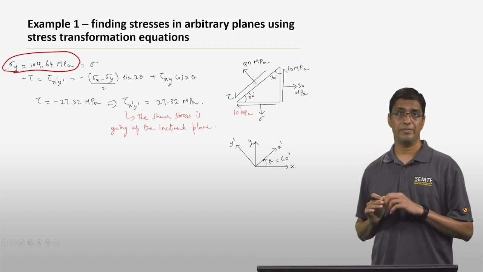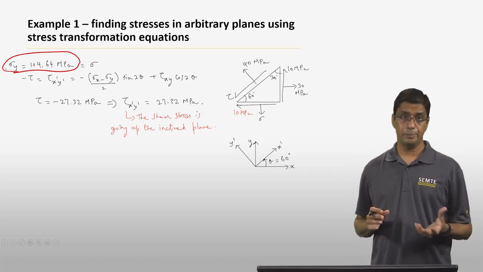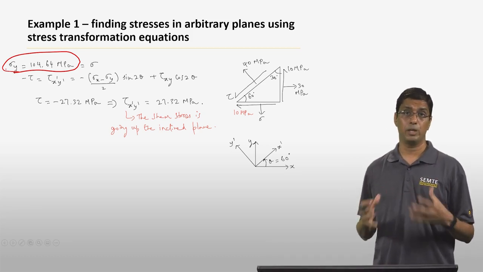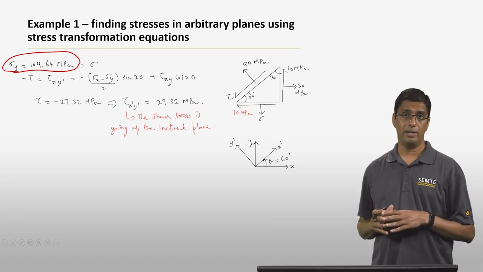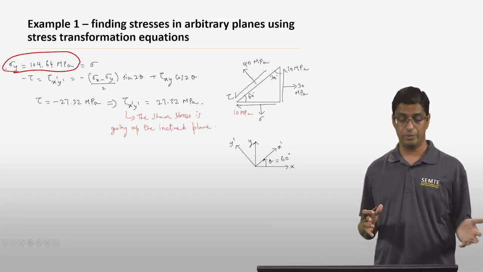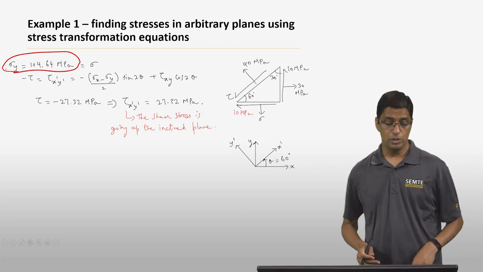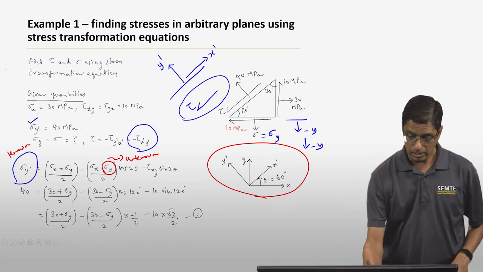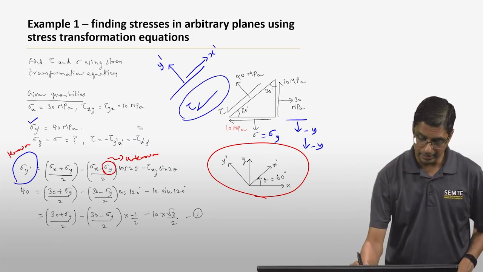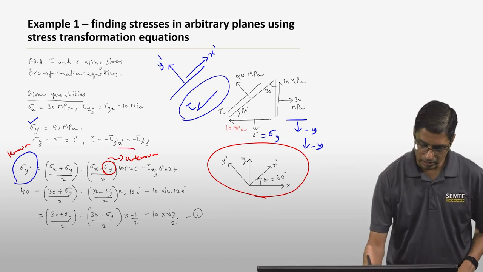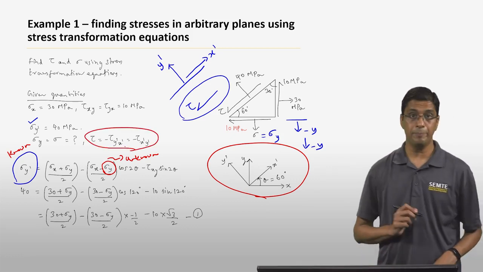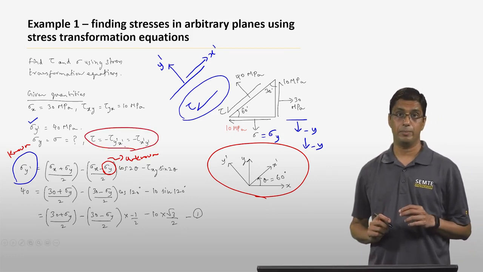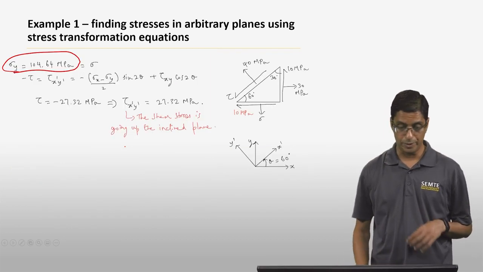Now once we find sigma, we can use the equation for tau x prime y prime to solve for the other unknown, which is tau. Okay, so we know that tau is actually minus tau x prime y prime. We know what the equation for tau x prime y prime is, so we use that.